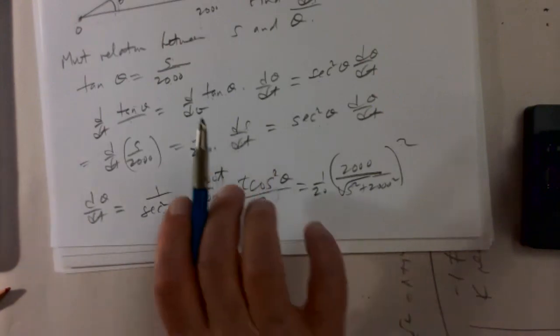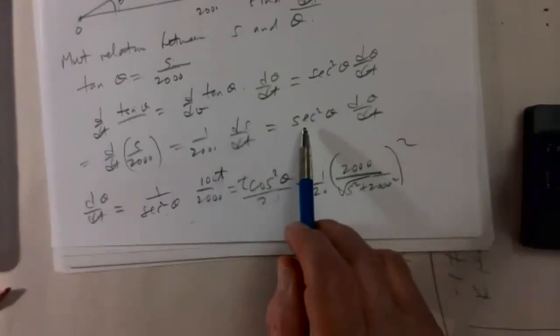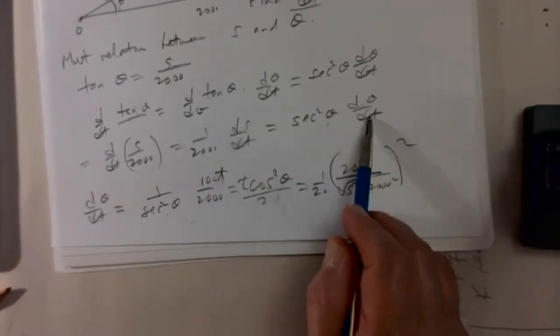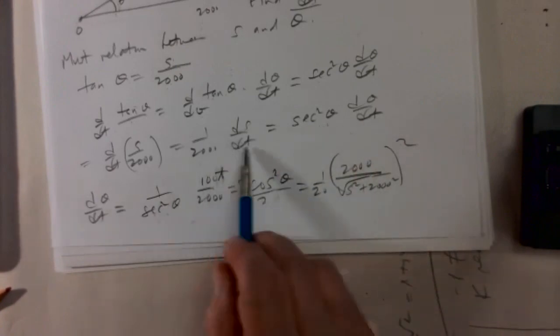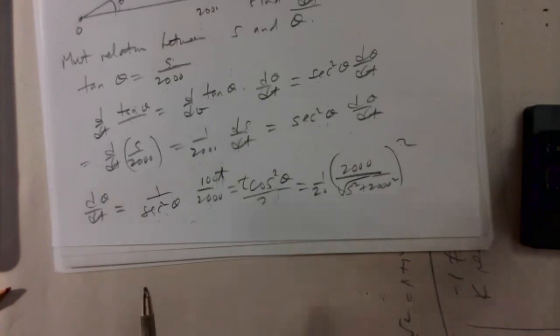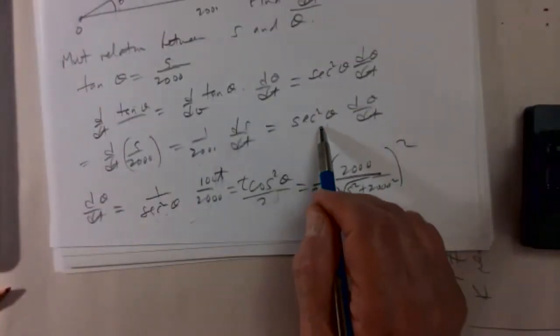Professor, how'd you get 1 over secant squared? I divided. I have secant squared theta d theta dt, so I divide by secant squared, so that's equal to 1 over secant squared times this. All right, thank you. I'm just dividing by this.